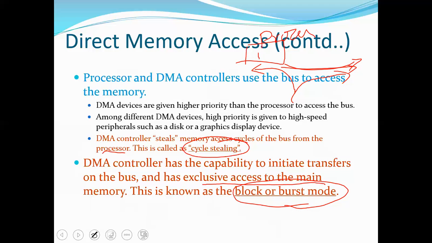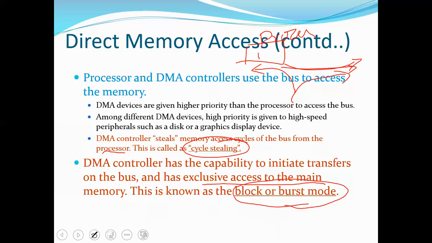The DMA controller does not check whether the processor needs memory access. It completes its work of transferring the whole large block of data between the peripheral device and memory, and finally a signal is sent to the processor that the data is transferred and it is complete.